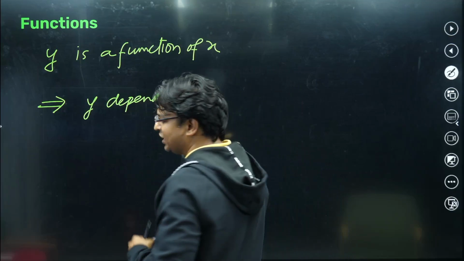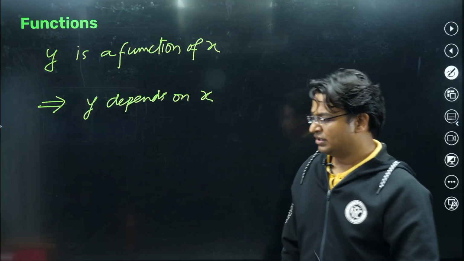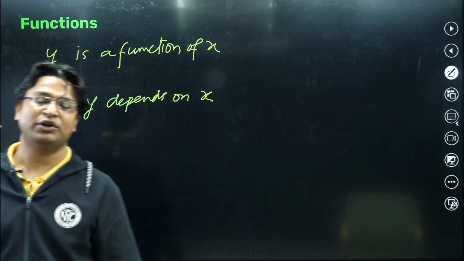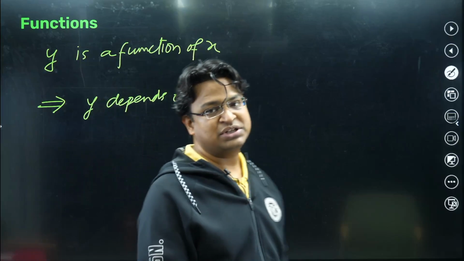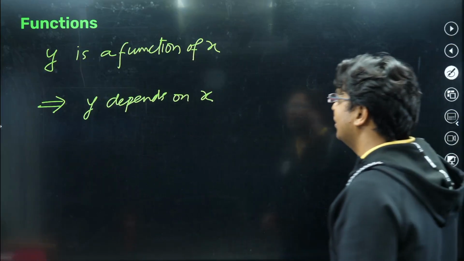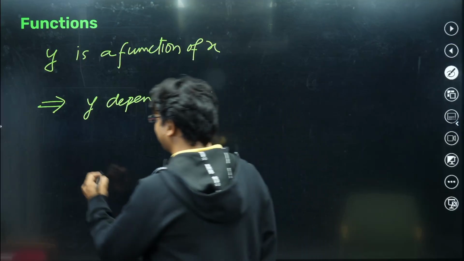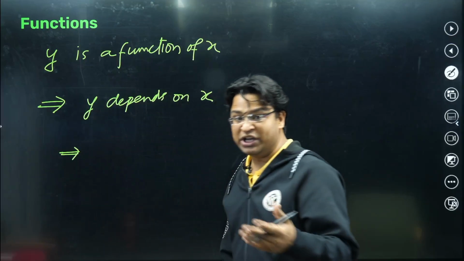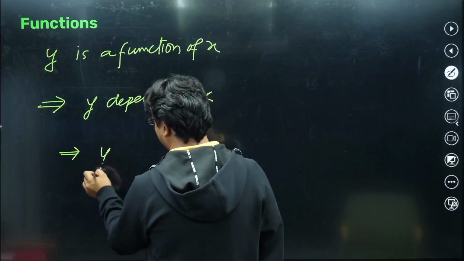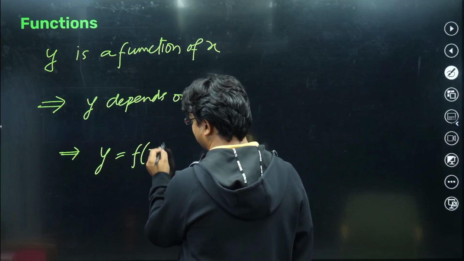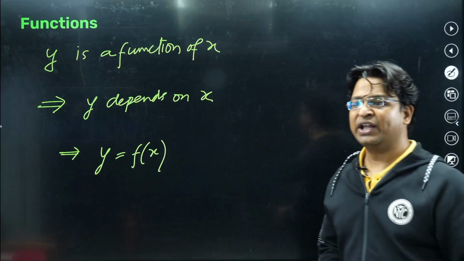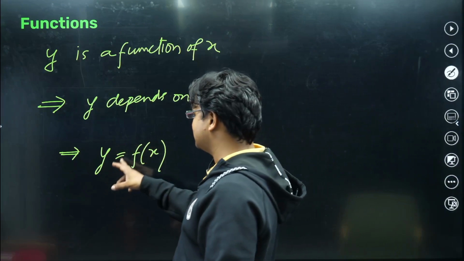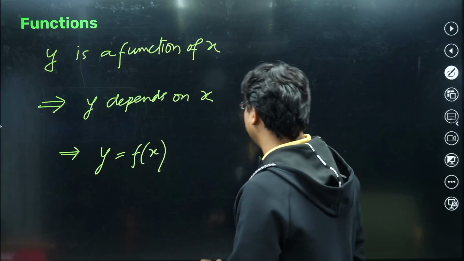It means that if you change the value of x, then you can expect y to change. Y depends on x, and symbolically, mathematically, this is written y equal to f(x). So writing y equal to f(x) means y is a function of x. I'll give you an example.